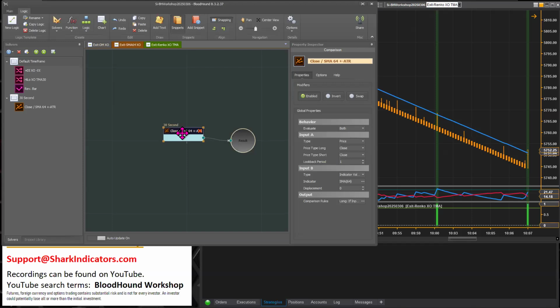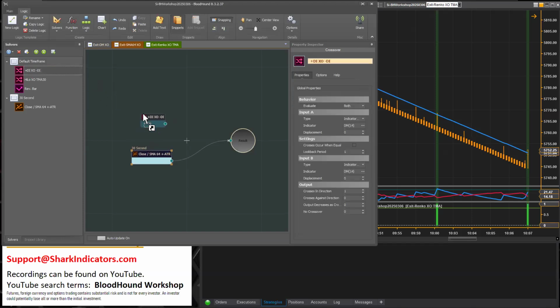The same thing with your entry signals. If you set up a bunch of different Bloodhound entry signals, Bloodhound combines them all together as if they're one entry signal.